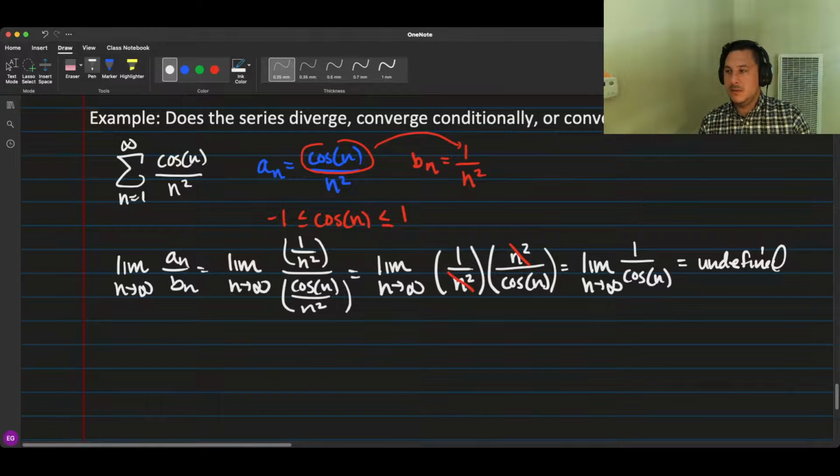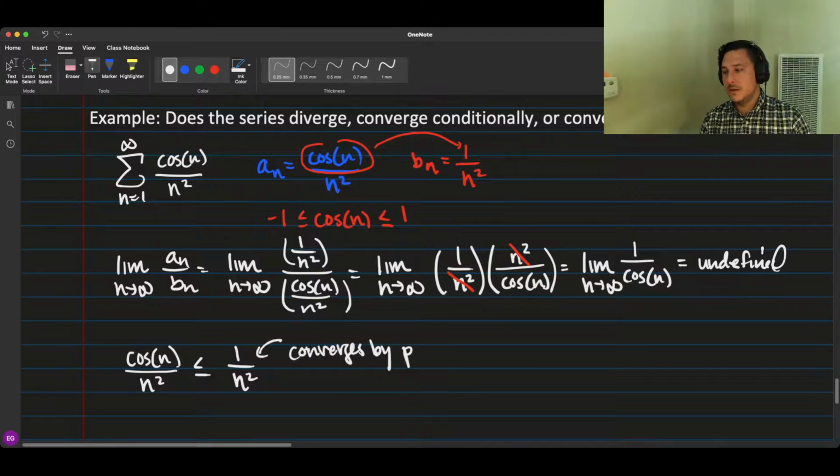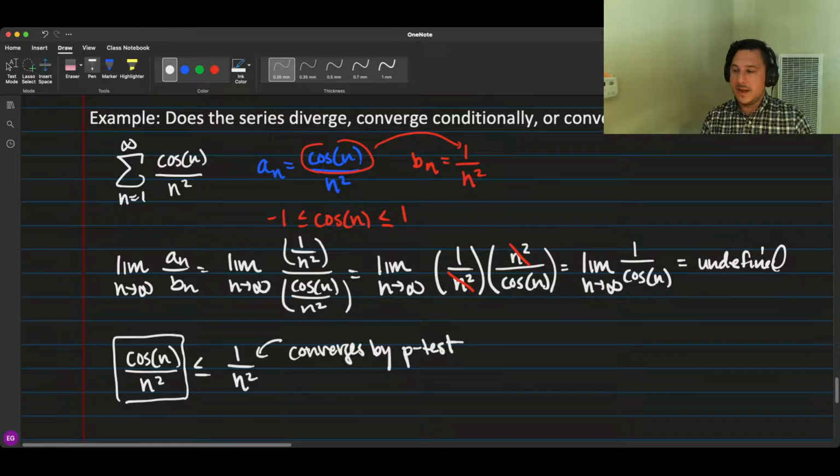I think what we need to say is that cosine n over n squared is going to be less than 1 over n squared. Okay. What do we know about this series? Does it converge or diverge? This one converges by the p-test. Now, if this one is less than something that converges, then what can I say about that one?